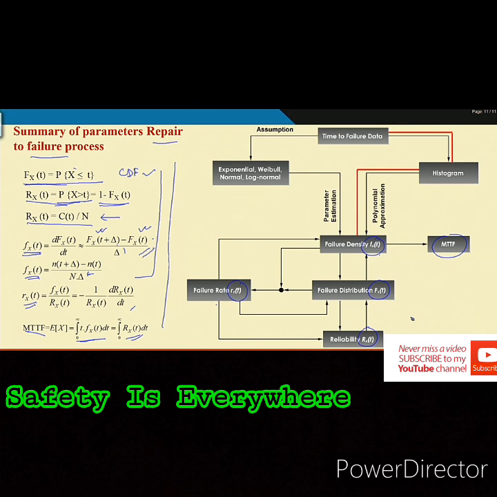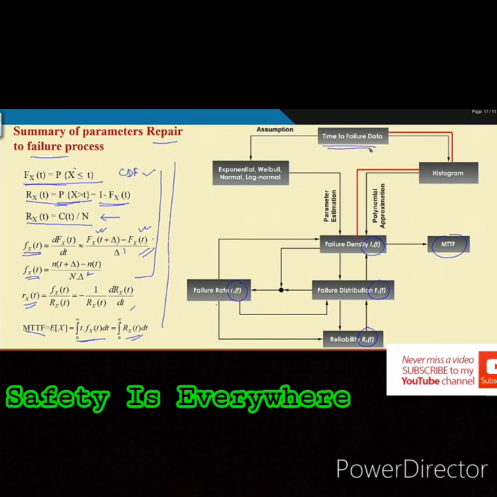But many a time what happens is, you will just take the time to failure data and then derive all those things, not in the manner we have discussed from the basic fundamentals. So, once you have time to failure data, you can plot the histogram.